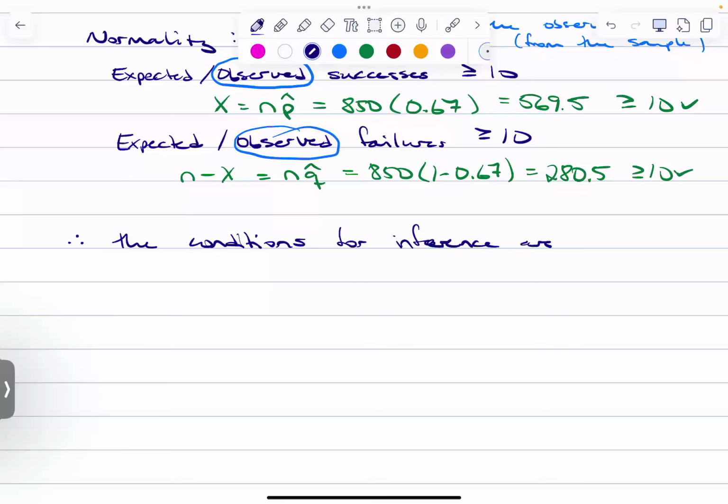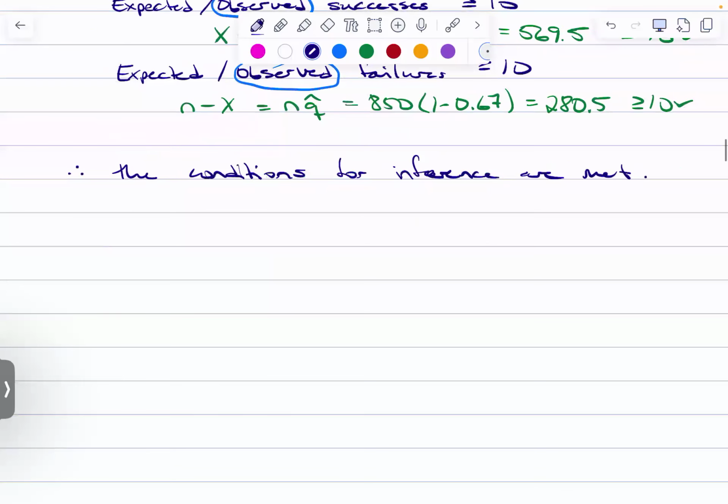Or specifically a confidence interval. So in general, we have a point estimate plus minus some critical value times the standard error of the point estimate.